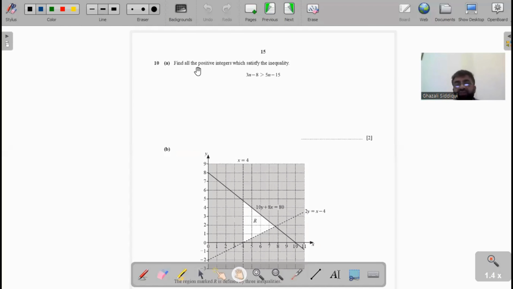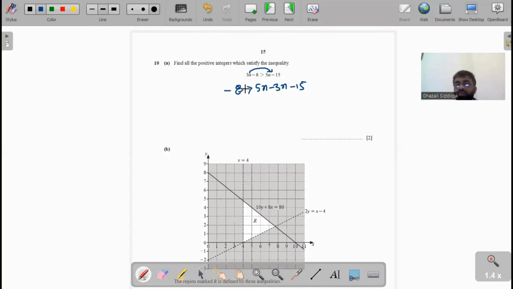Question 10, part A: find all positive integers which satisfy the inequality. Now 3n minus 8. We shift the 3n from left to right side. Therefore, minus 8 is greater than 5n minus 3n minus 15.